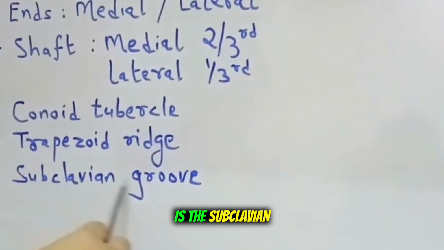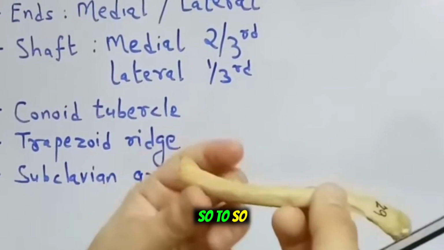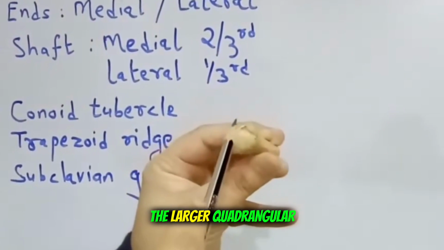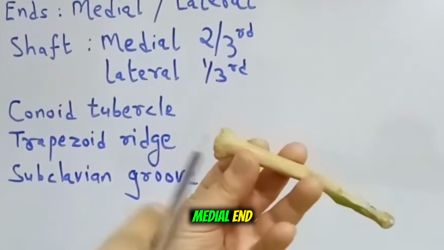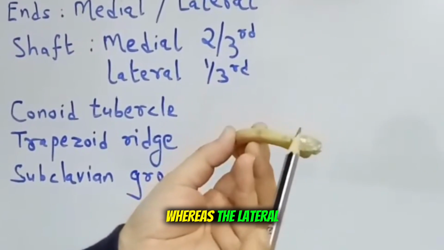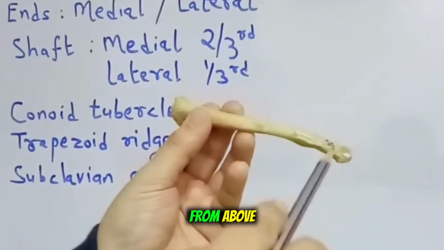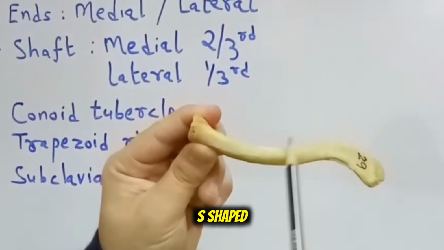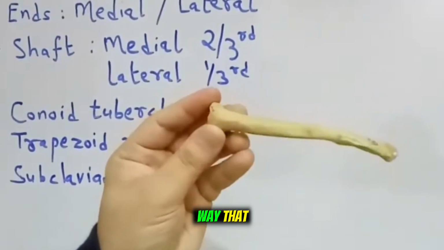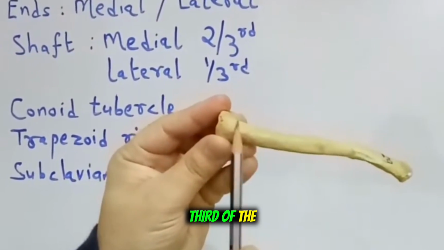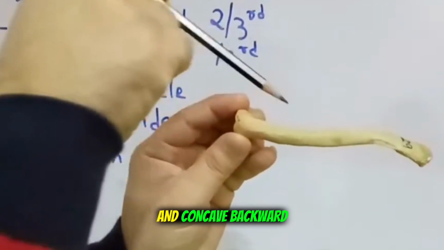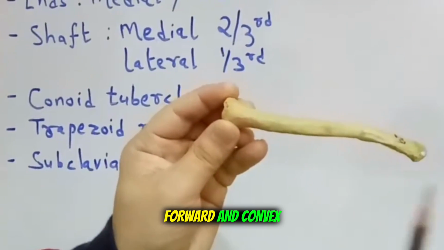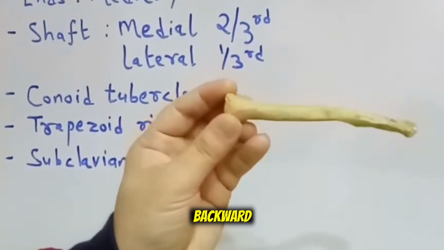So to determine the side of the clavicle, we must first know that the larger quadrangular end is the medial end, so keep it medially, whereas the lateral end is flattened from above downwards, and the shaft is curved S-shaped. We keep it in such a way that the medial 2/3 of the shaft is convex forward and concave backward, whereas the lateral 1/3 of the shaft is concave forward and convex backward.